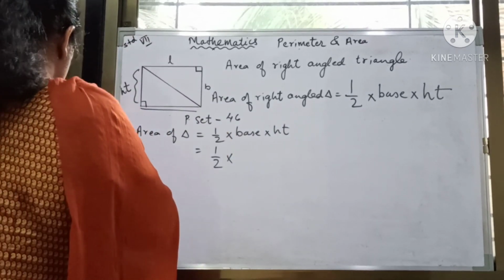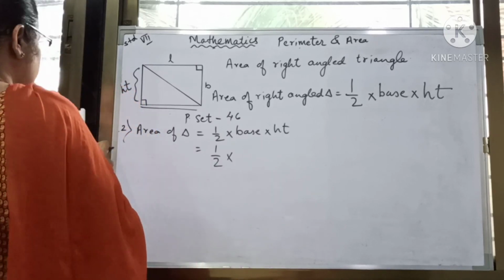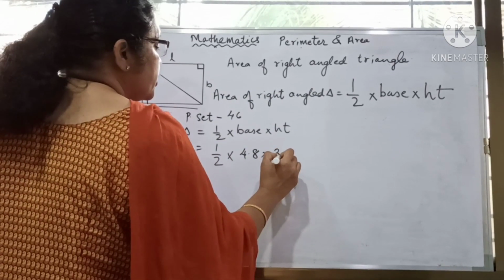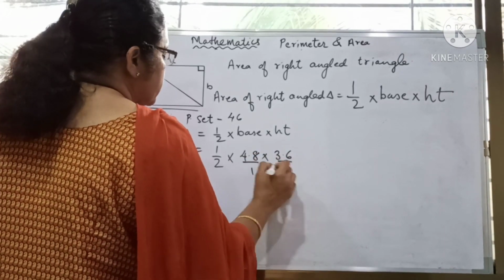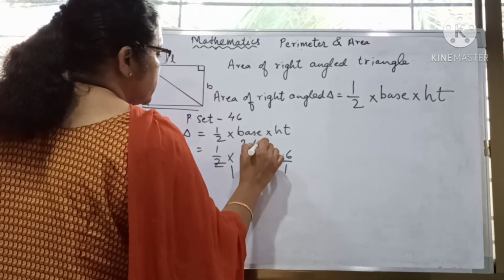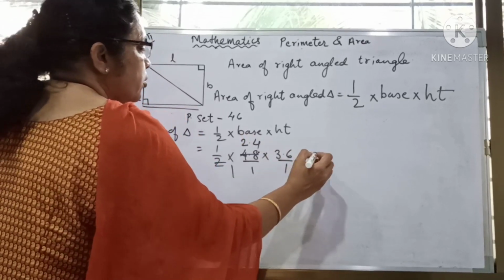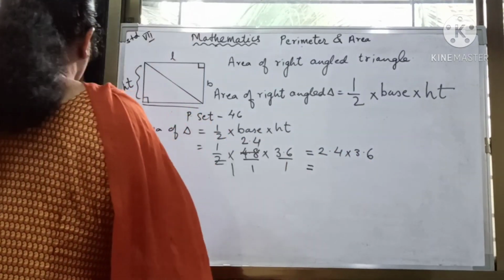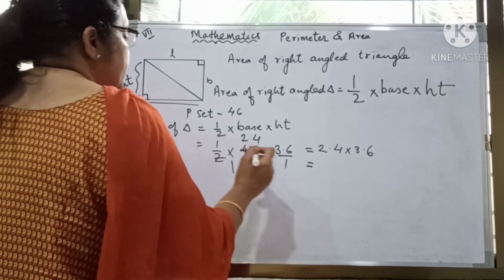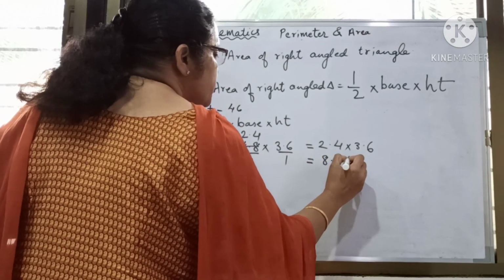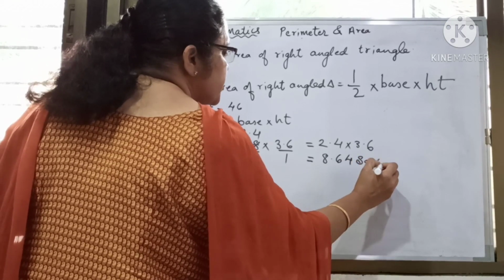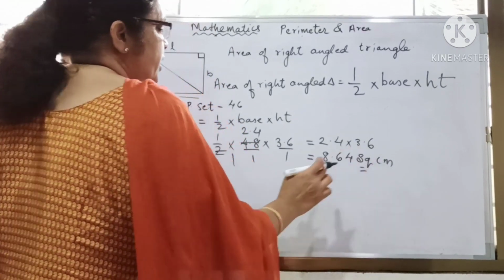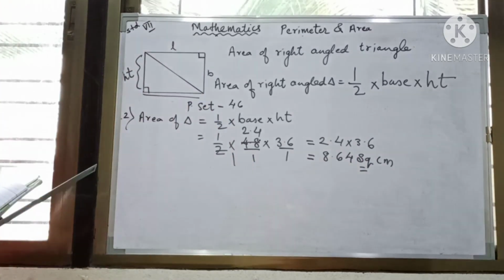Base is given to you, 4.8, and height is given to you, 3.6. Reduce it to the lowest term. 2.4 into 3.6. So that comes to 8.64 square centimeter. Area you will always write in square meters or square centimeters.